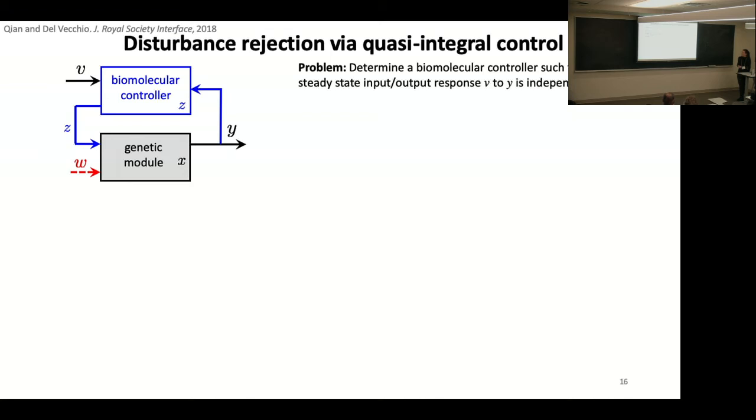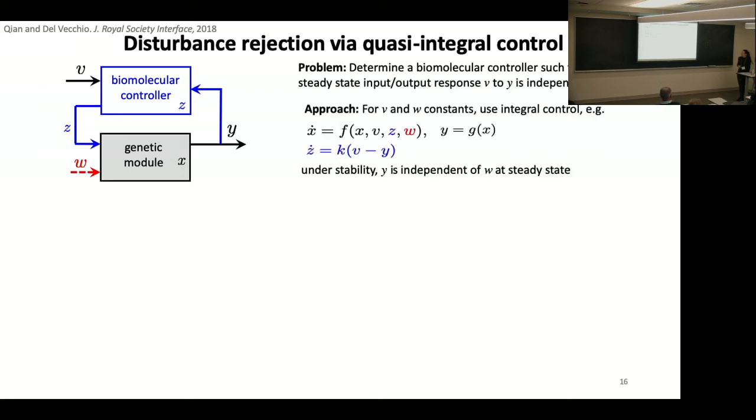So that said, what's the problem here from a control theoretic perspective? We are trying to make sure that the input-output response of this feedback control system is insensitive to W, okay? So a traditional approach to that is to use integral control.